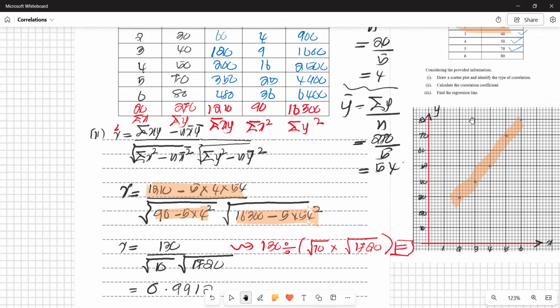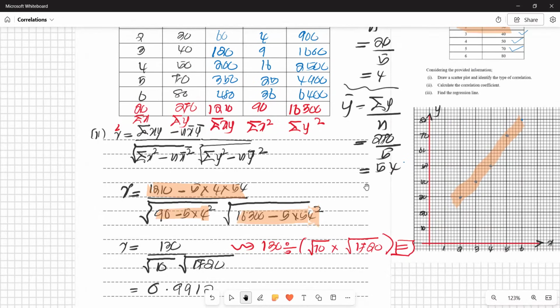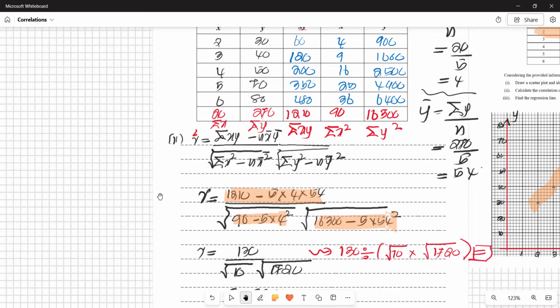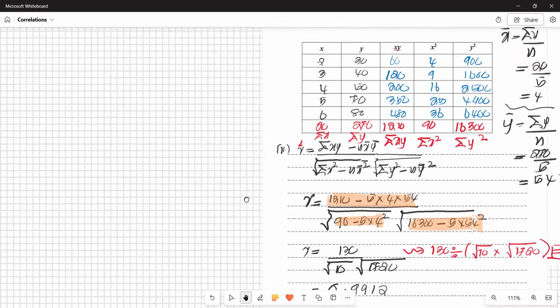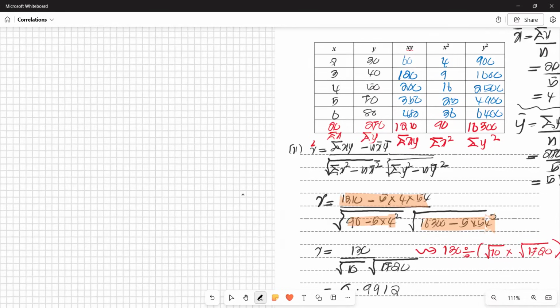Last part, regression line, right? But in my earlier paper, I taught you a simple way to remember the regression lines. Regression line, y equals a plus bx.